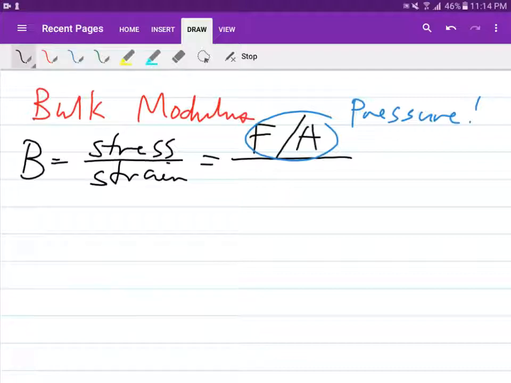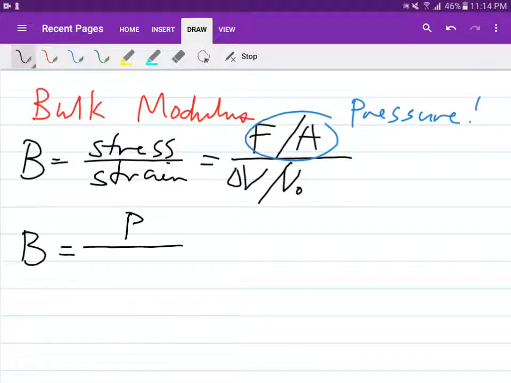The strain, or the deformation, is just delta V over the original volume. So for the bulk modulus, we have the pressure applied on the object over delta V over V naught.